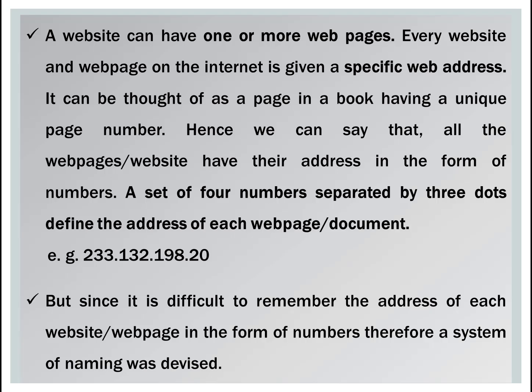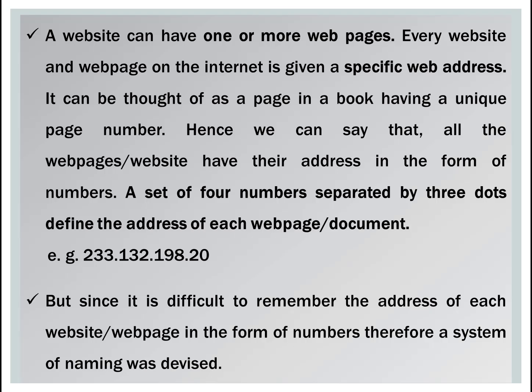A website can have one or more web pages. Every website and web page on the internet is given a specific web address. It can be thought of as a page in a book having a unique page number. Hence we can say that all the web pages or websites have their address in the form of numbers.